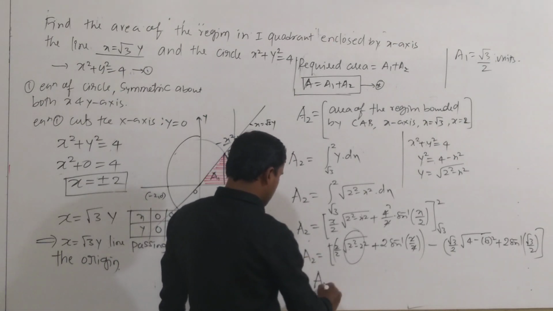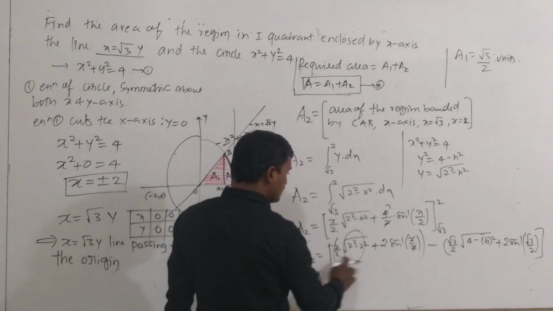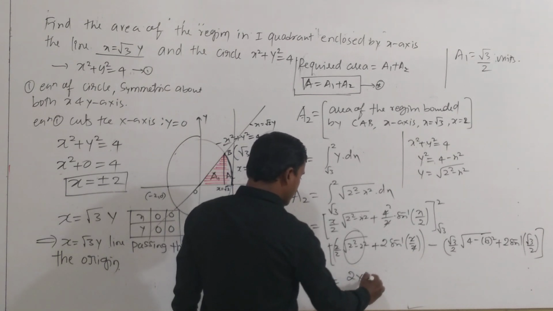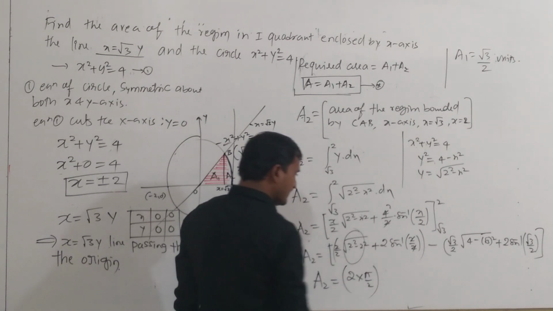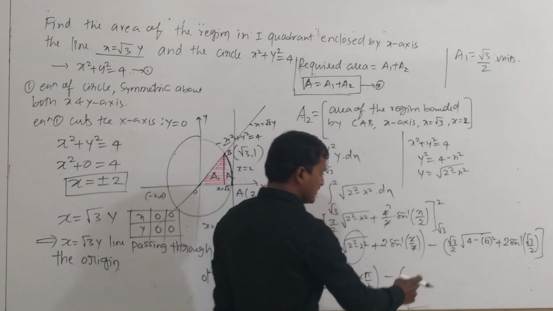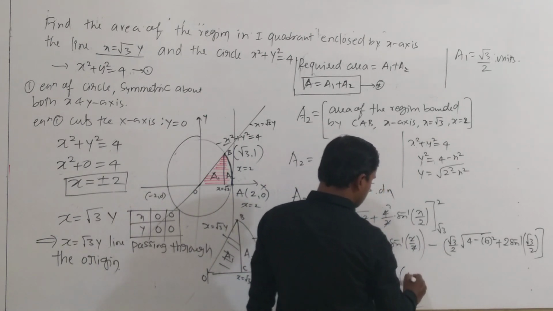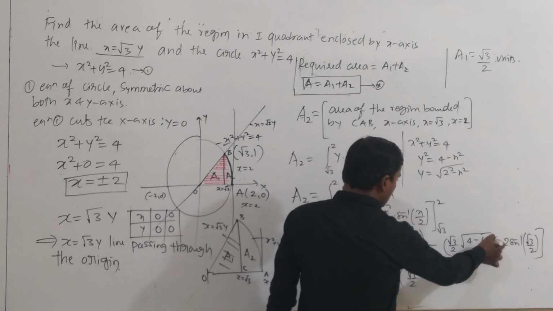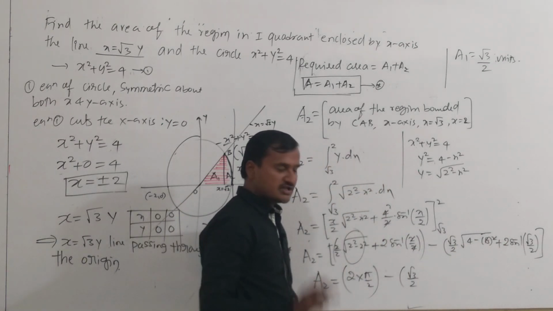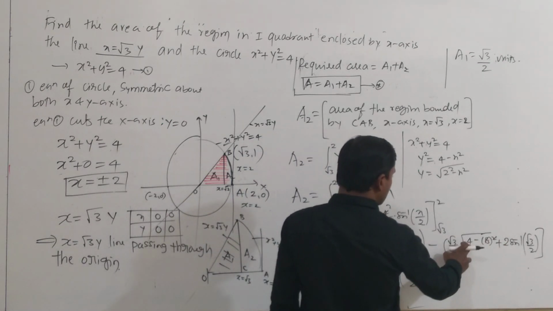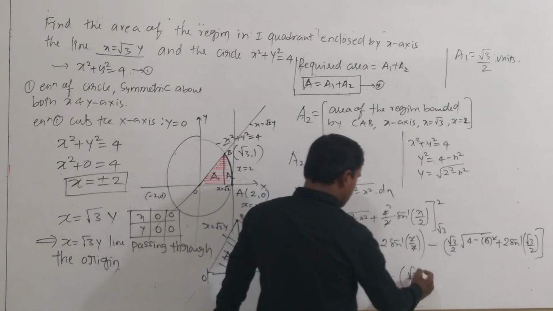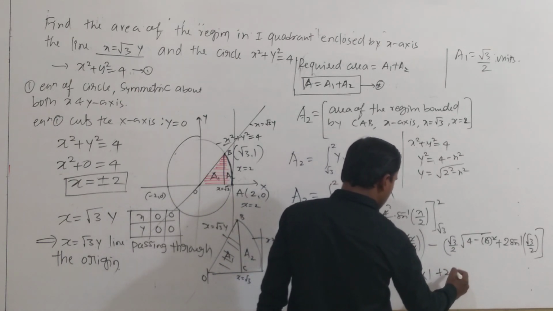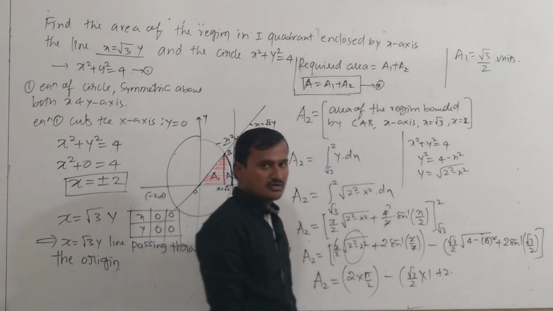So therefore the required answer is: here it is 0, plus 2 into pi by 2, minus this lower limit. So here it is root 3 by 2 as it is, and here the 2 and the root will get cancelled. 4 minus 3 means 1, root of 4 minus 3 means 1, plus 2 into sine inverse of root 3 by 2.